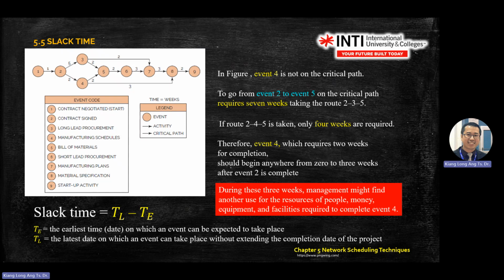Sometimes the question asks you what is the benefit of having slack time. So you think slack time means you give some flexibility for the management to use other resources, people, to complete the next event.